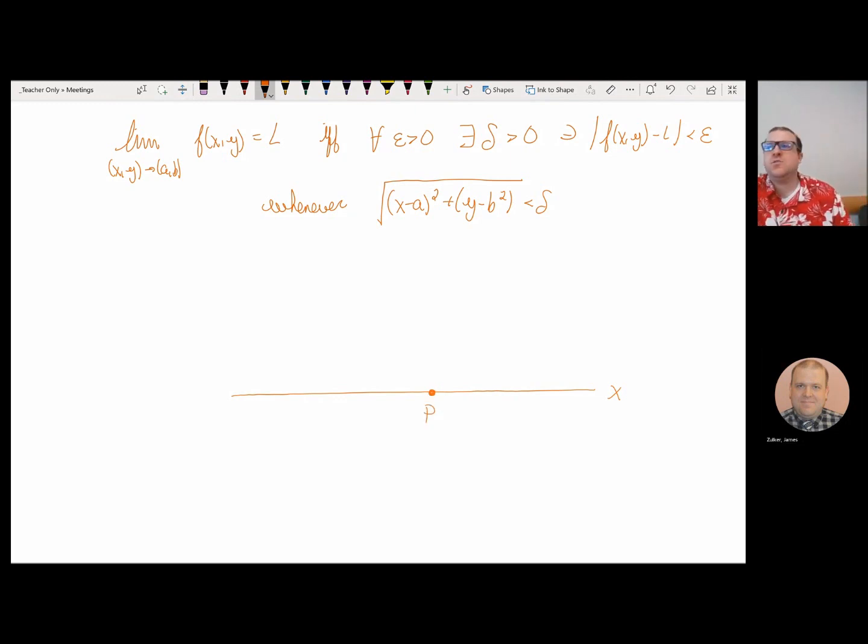How many ways can you approach it? Just two ways, right? You're either coming in from the left of the point or from the right of the point. The limit exists if and only if the limit is the same from both directions.